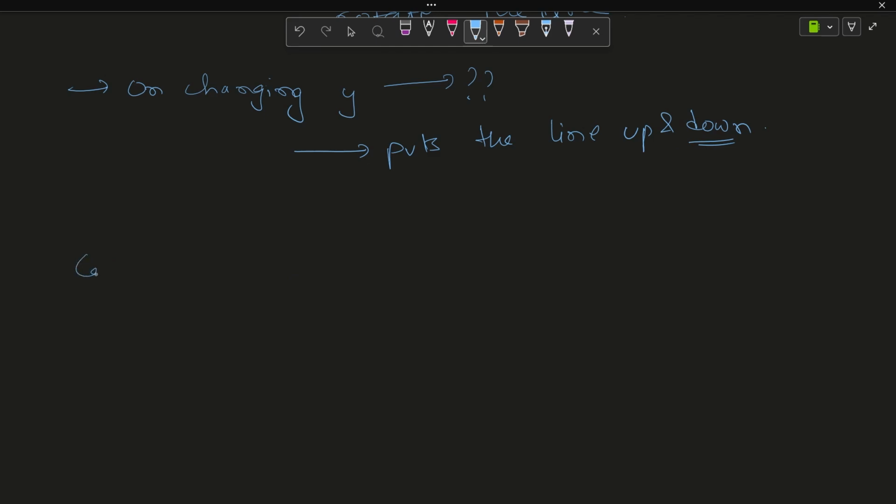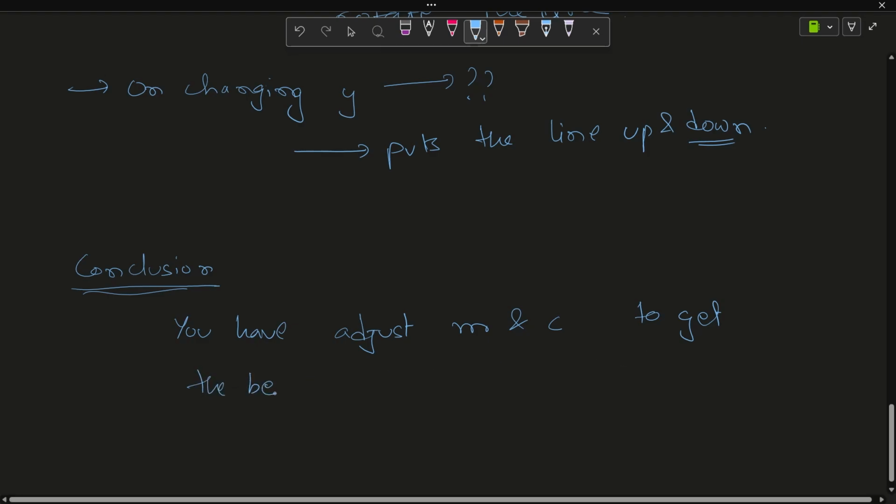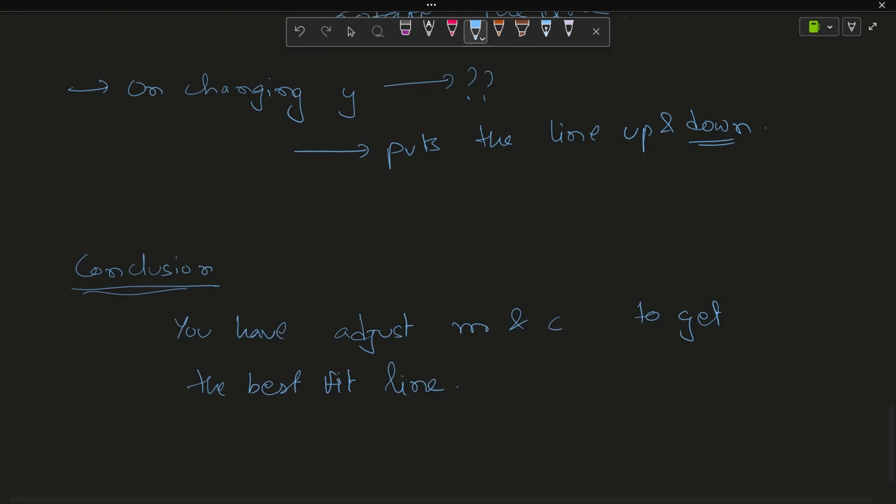So what is the conclusion from this? You have to adjust m, the slope, and the intercept, to get the best fit line, the line that successfully represents all the points. This is the conclusion.